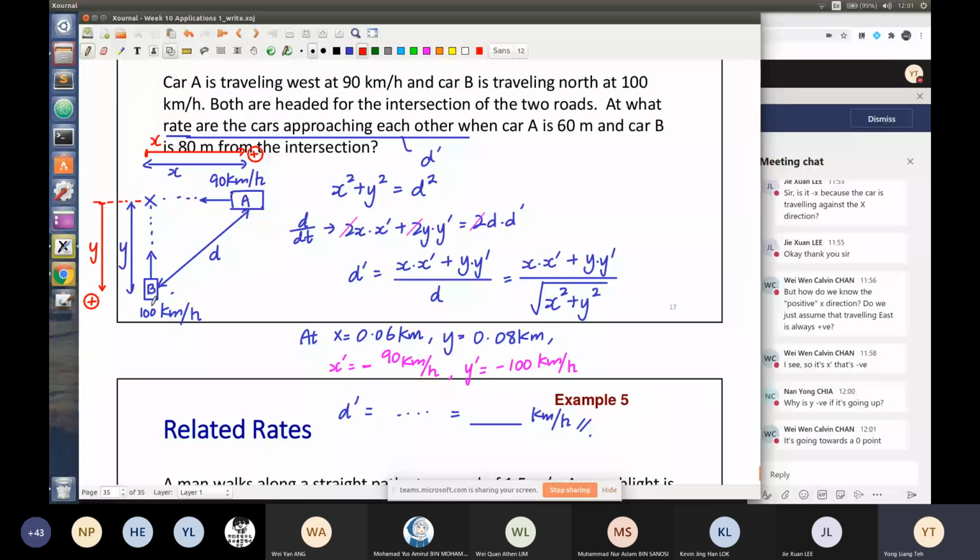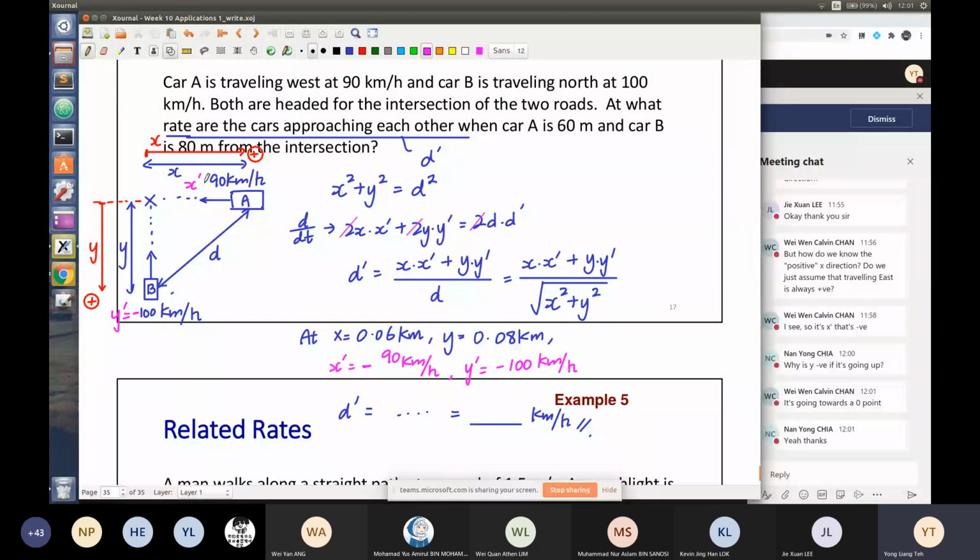Is that all right? If you look at this guy, let me put a note here. So this is actually y prime. In both contexts, y prime is actually negative 100. Same thing goes with x prime. So x prime is going to be negative 90.